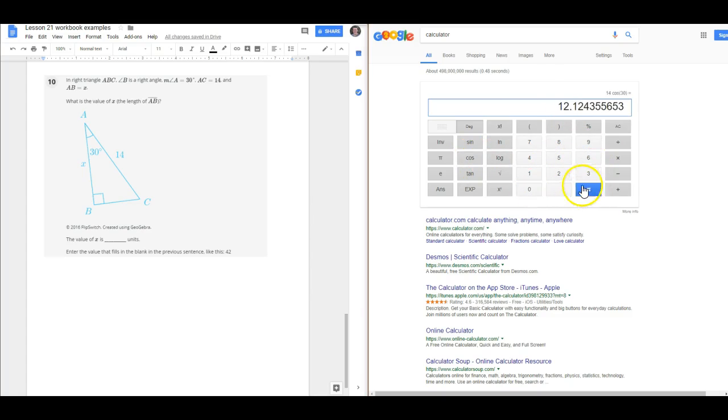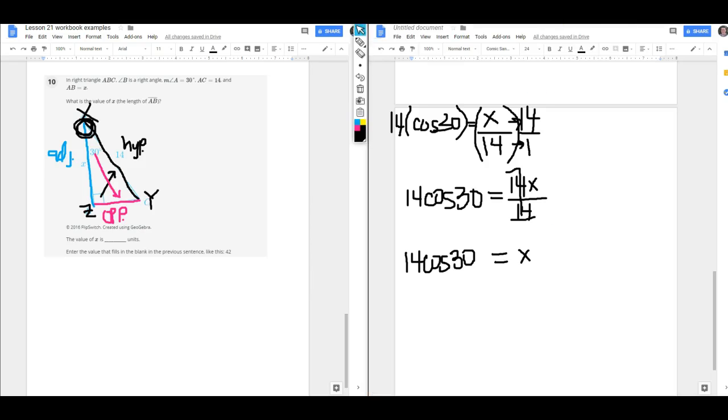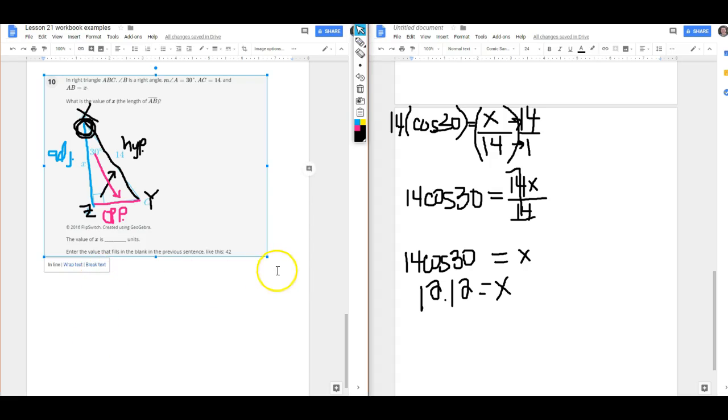Close parentheses. It's 12.12. And so this 4 is lower than 5, so this 2 stays the same. So this is 12.12. That is equal to the value of x. So when you type in your answer, type in the value of 12.12.